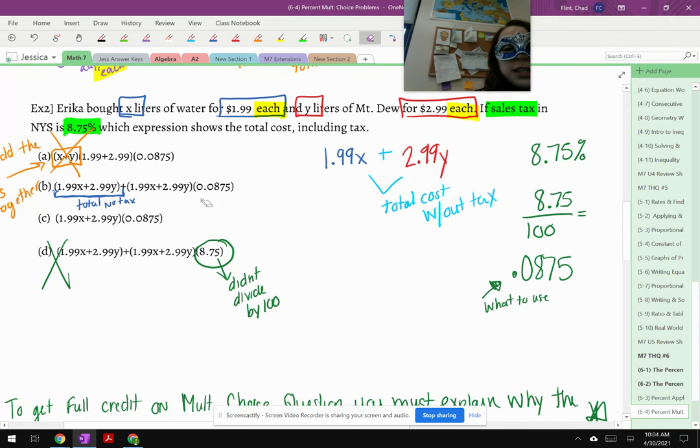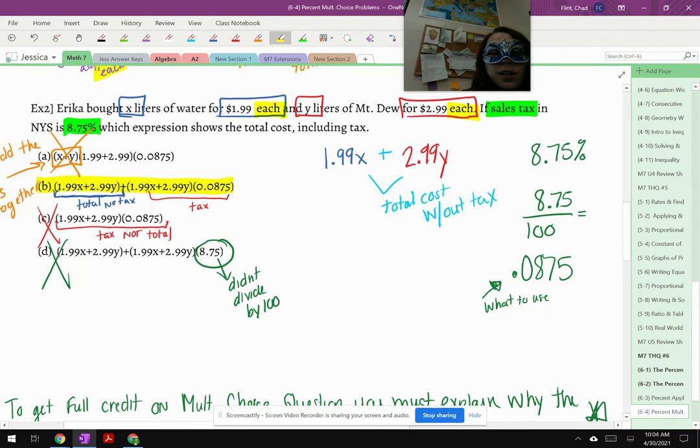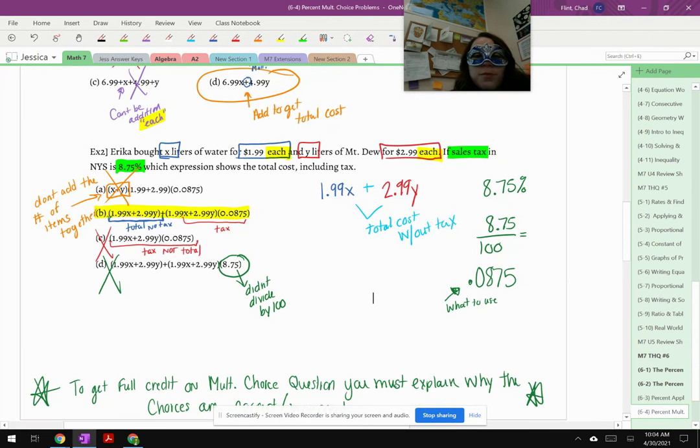This part right here is the tax. Whereas here, this is just the tax, not the total. So, by process of elimination, B is our correct answer or our best choice.